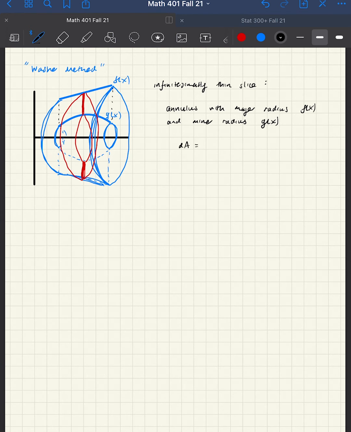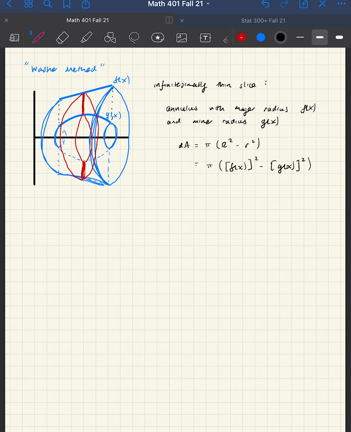And the area formula for that would be something like dA equals pi R squared minus r squared. So major radius is capital R squared, and minor radius is little r squared. That will end up being pi times f of x squared minus g of x squared.